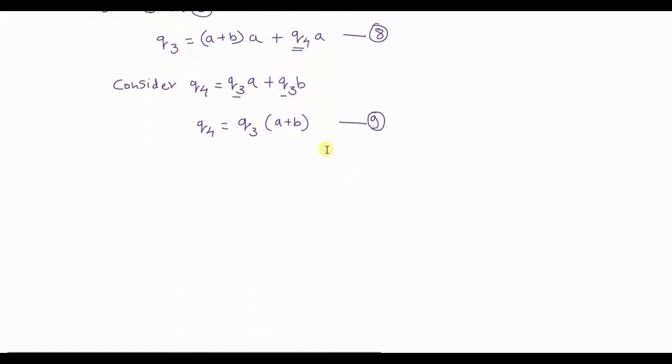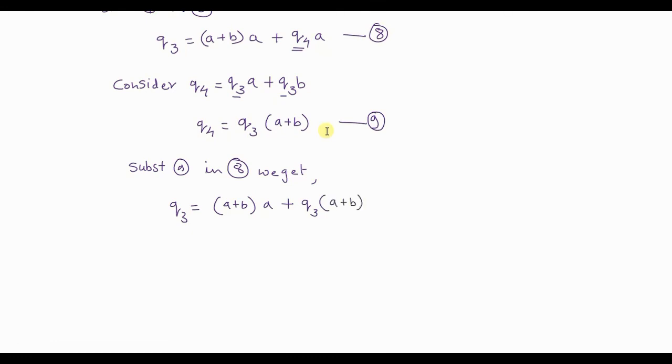Substituting, we get Q3 equal to A plus B followed by A, and wherever Q4 occurs I replace it with Q3 (A plus B).